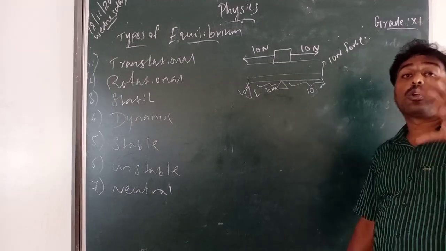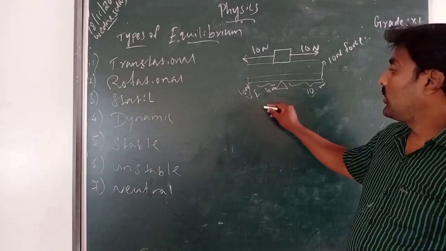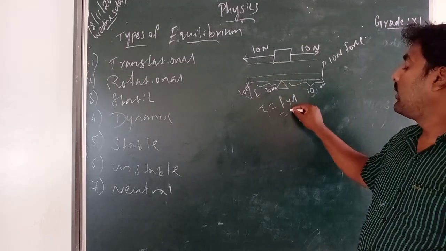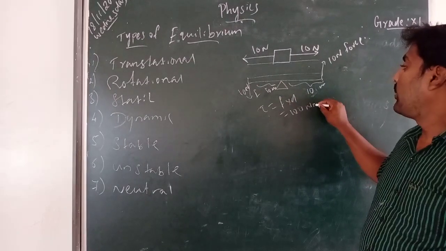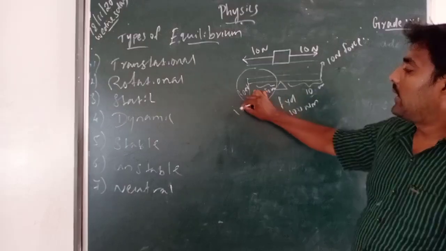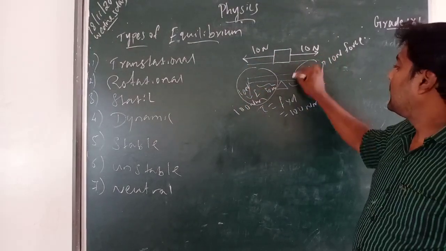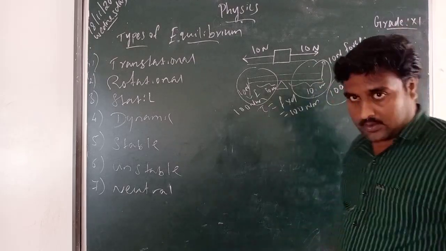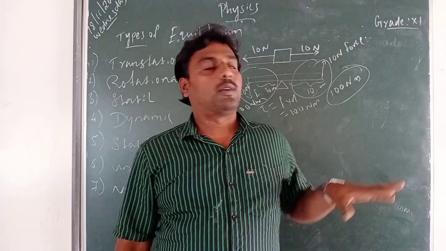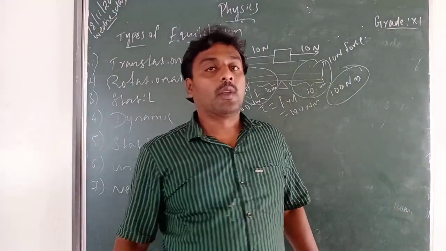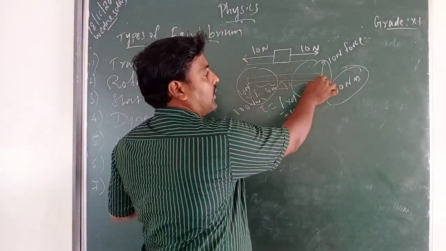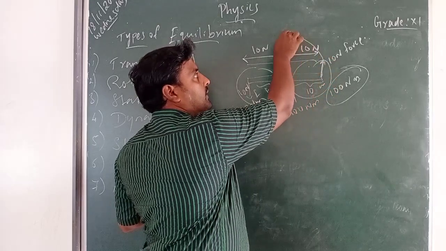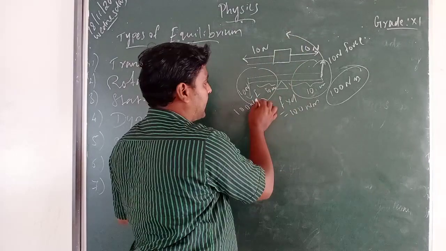So what will you get as the torque? You know the torque formula, torque is equal to F into D, so 10 into 10, and you will get 100 Newton meter on this side. On this side also you will get 100 Newton meter of torque. Since the forces act in opposite directions, this side will rotate in the anti-clockwise direction.